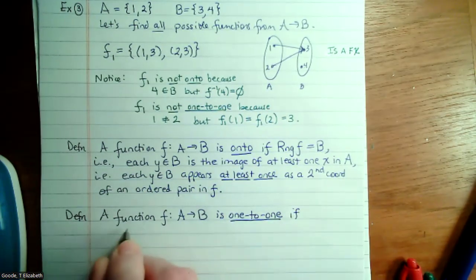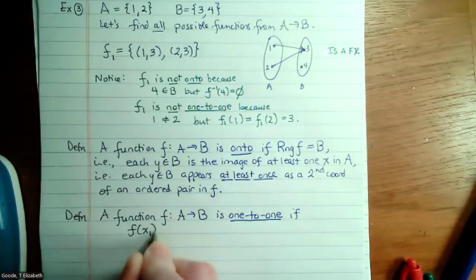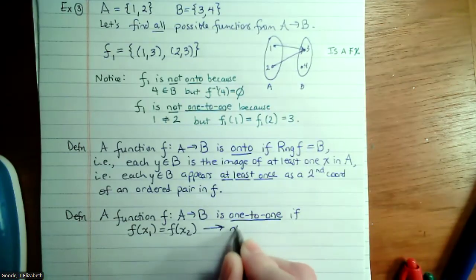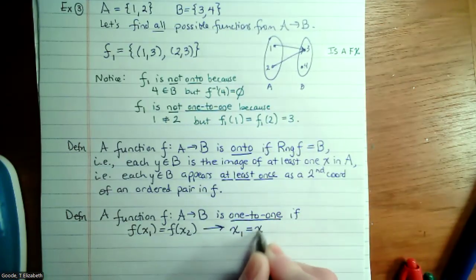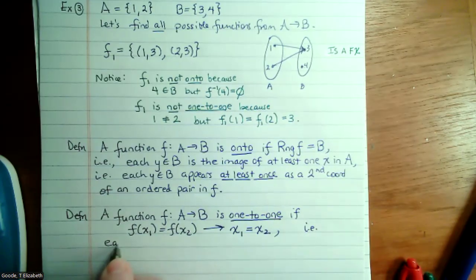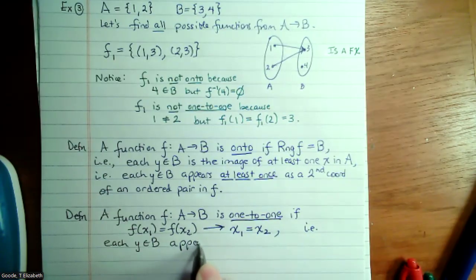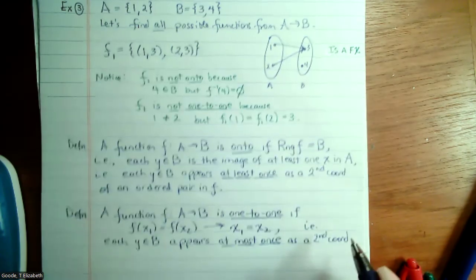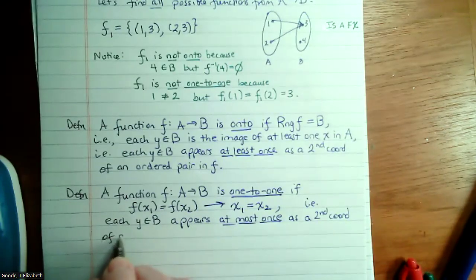If f of x1 equals f of x2, then that actually means x1 is equal to x2 back in A, i.e. each y in B appears at most once as a second coordinate of an ordered pair in F.